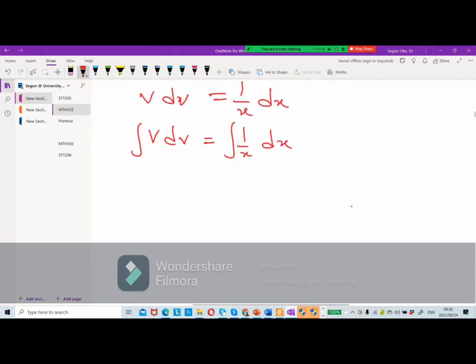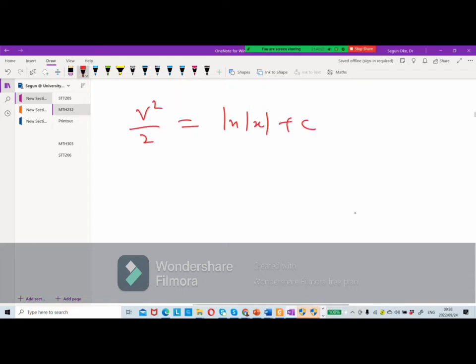So how do we integrate this one? When you integrate, we have v squared over 2 equals ln x plus c. So all we need to do at this point, this is implicit enough, we can just say 1 over 2 v squared equals ln x plus c.